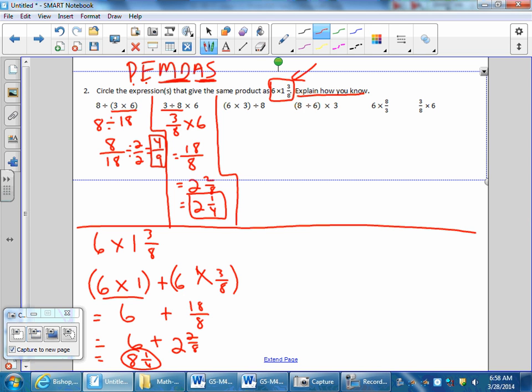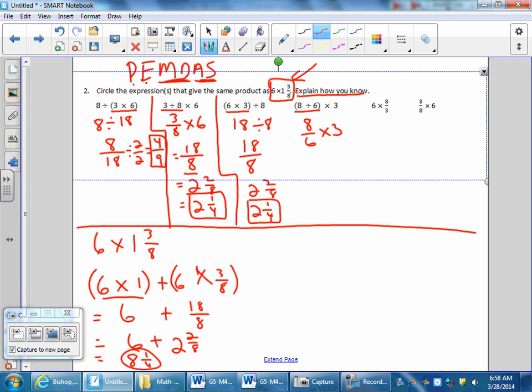My third expression, 6 times 3 is in parentheses. I'm going to do that first with PEMDAS, is 18. 18 divided by 8 is the same as the previous expression, 2 2/8, which comes out to be 2 1/4. 8 divided by 6 is in parentheses. That's 8 divided by 6 times 3.